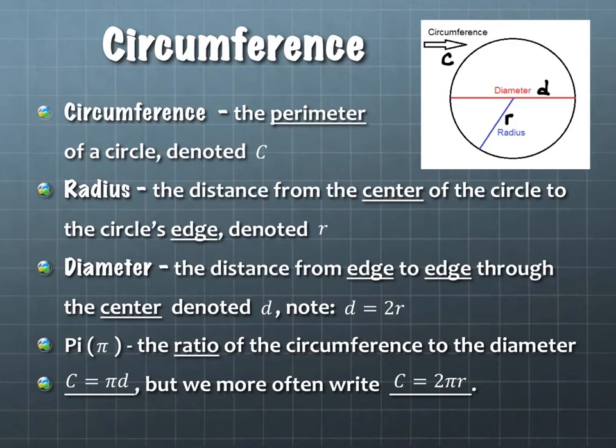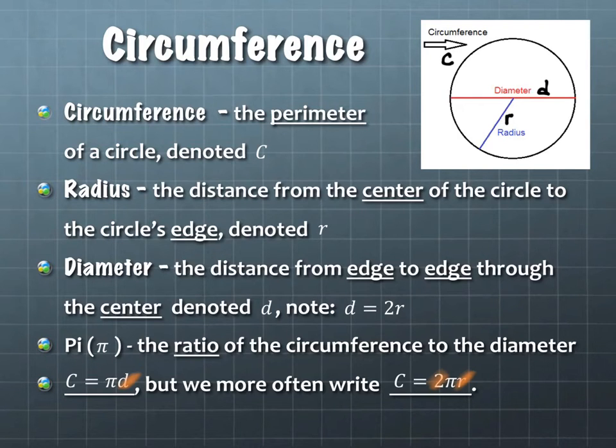We often think of our formula for circumference as 2 pi r. You can also think of it as pi times the diameter. Of course, those are the same because the diameter is 2 times the radius, which we already said. So either of these is a valid way for finding the circumference of your circle.